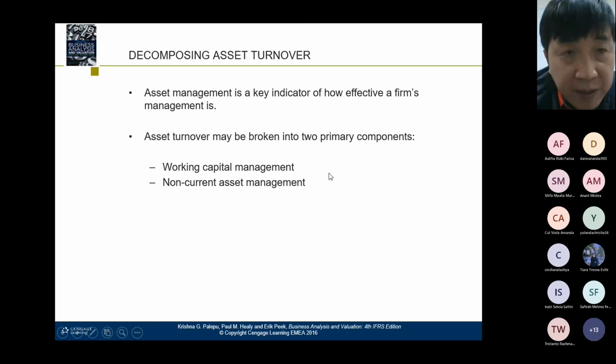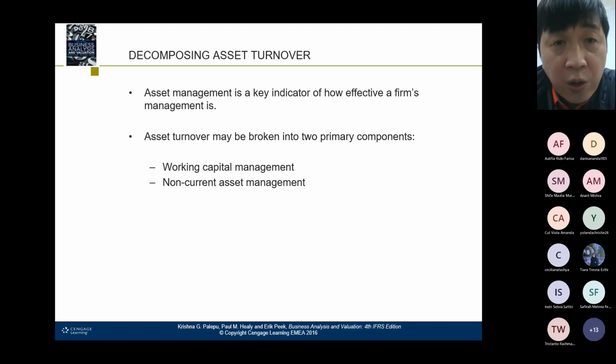Okay, so next, we are decomposing asset turnover. So why do we have to decompose it? Because we want to know more about the management of the assets.